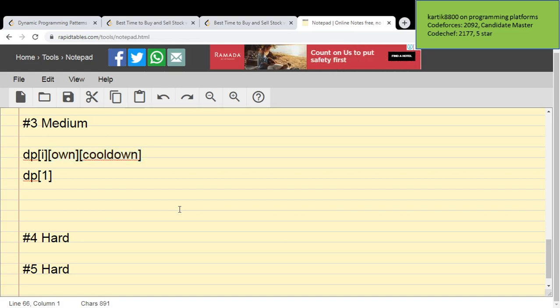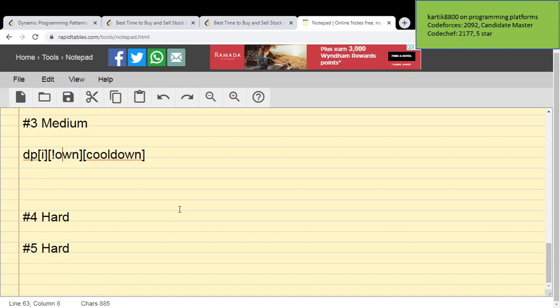So think about it like this. I can define it like this. Let me say dp of I, not own, no cooldown: I do not own a stock and I'm not under a cooldown.